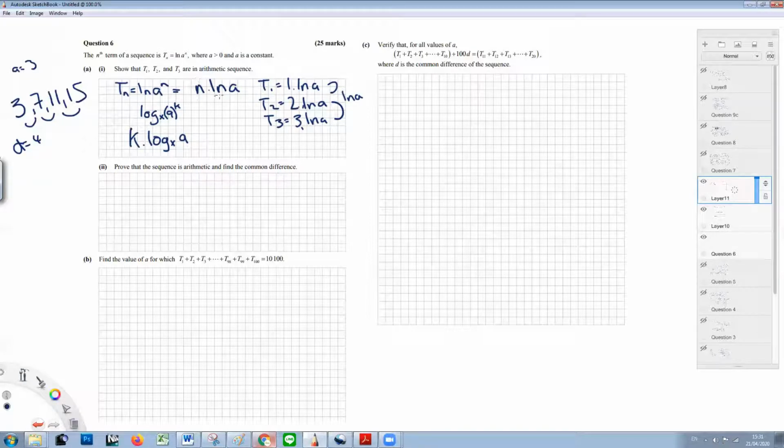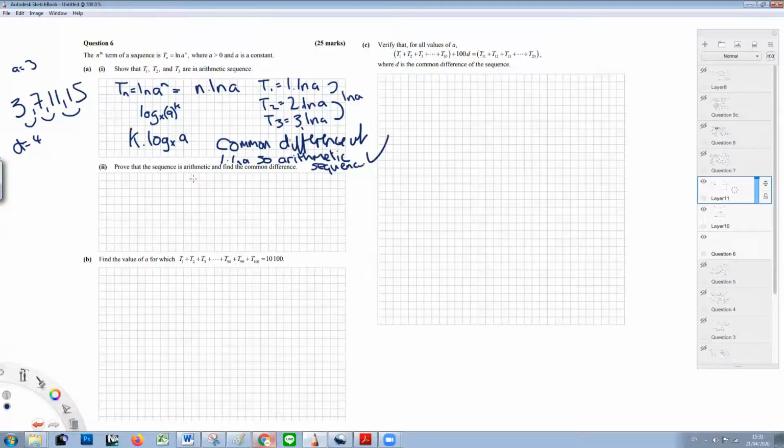Show that they're an arithmetic sequence. They're an arithmetic sequence, yes, because they have a common difference of 1 ln of A, so an arithmetic sequence. So that's correct.